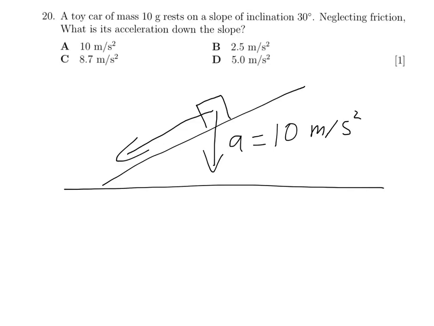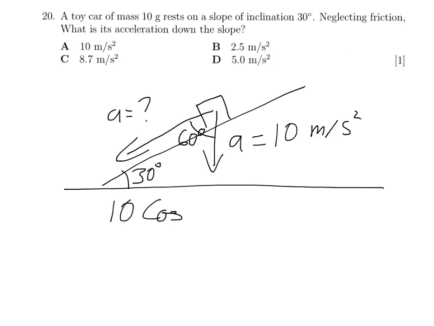What we know about this is the angle of the slope, and the angle of the slope is 30 degrees to horizontal. So that must mean that this angle here is 60 degrees. So we're going across the angle, so we need to find the cosine of the angle. So the cosine of 60 to resolve this vector.